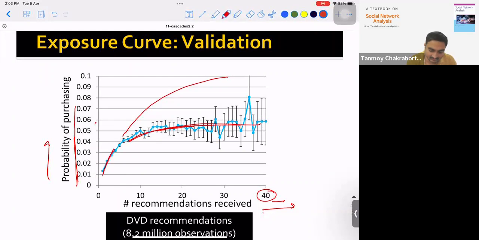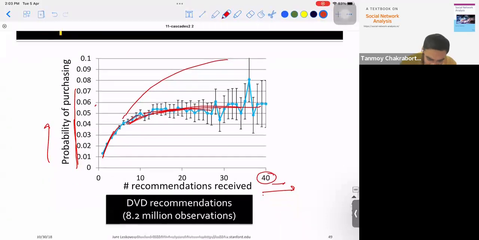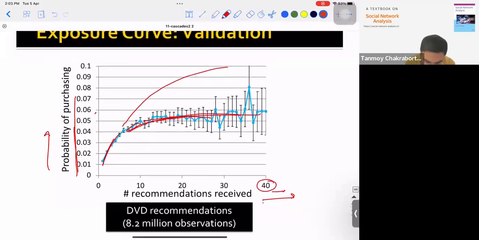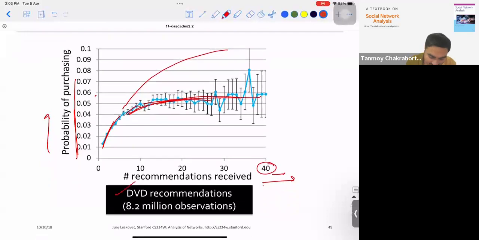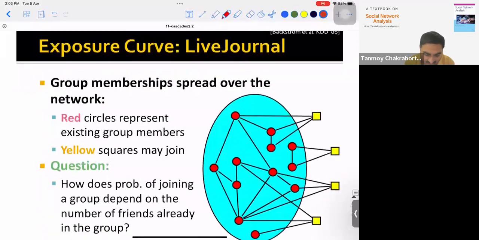But after a certain point, you give me whatever recommendations you want to give, but I would not be convinced, right? Or the probability is very less. Okay. Now this particular data set was collected from an e-commerce service, and this was for a DVD kind of recommendation.